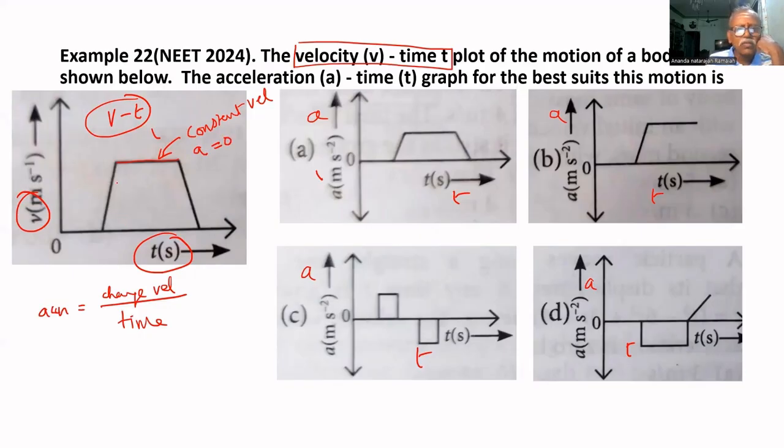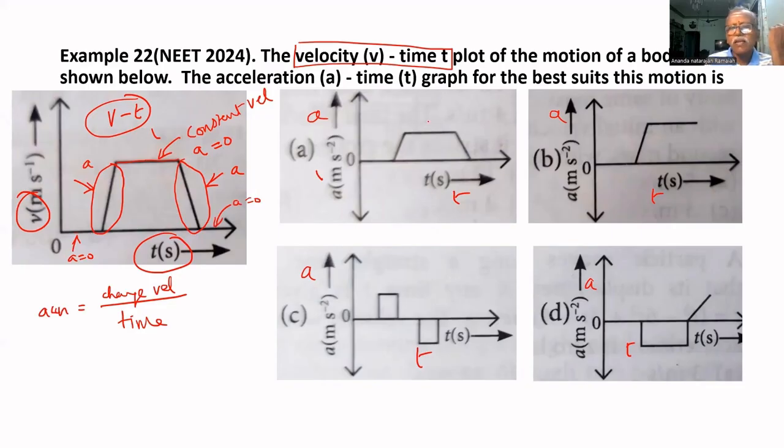Here velocity changes because this plot is velocity versus time. Here also velocity changes. That's why here A exists. Here velocity is constant, so A equal to 0. Here also A equal to 0. So in 3 parts, A equal to 0.